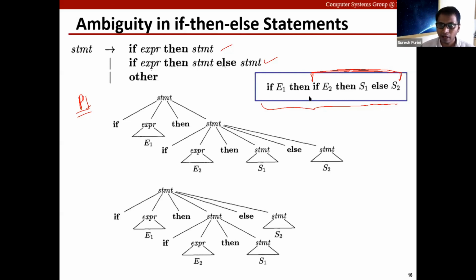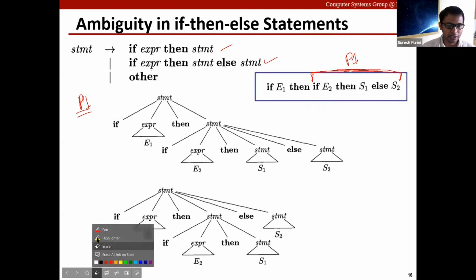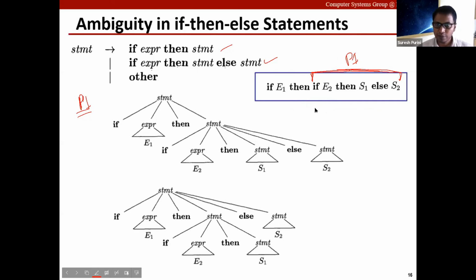That's what the P1 approach, parse tree P1, is doing here. An alternate way of parsing it is, if expression 1 is true, then treat what you have here, if E2 then S1, as the if part of the outer if statement.